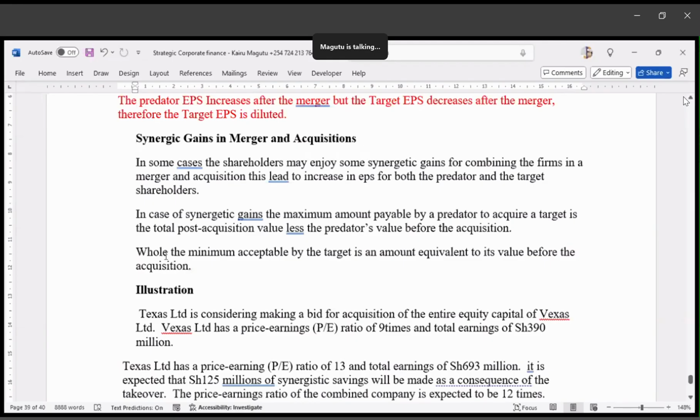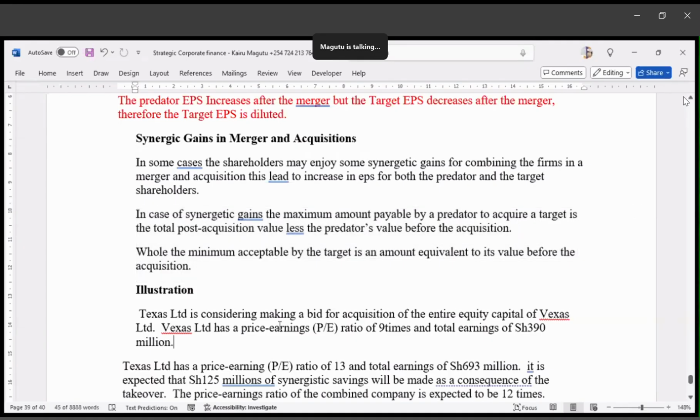So let me read. There is this part I explained here, and I say that in case of synergetic gain, the maximum amount payable by the predator to acquire the target is the total post-acquisition value less the predator value before the acquisition, while the minimum acceptable by the target is the amount equivalent to its value before the acquisition.